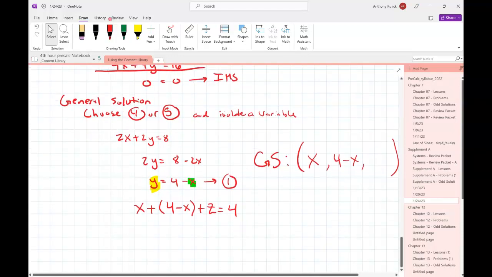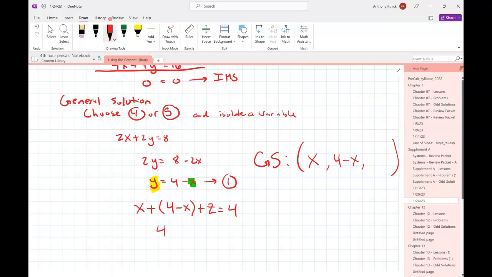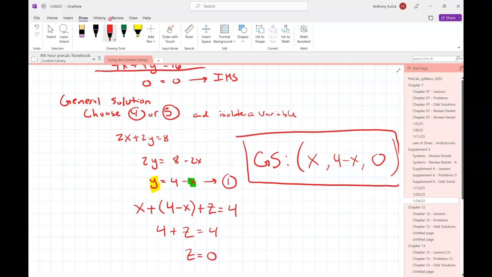So I'm just plugging 4 minus x in for y into equation 1. When I simplify, the x's cancel out. That's unusual. That doesn't usually happen, but it can. And then to get the z by itself, I'll subtract 4 from both sides. So in this case, z is a constant. It's 0. So my general solution would be that ordered triple, x, 4 minus x, 0.